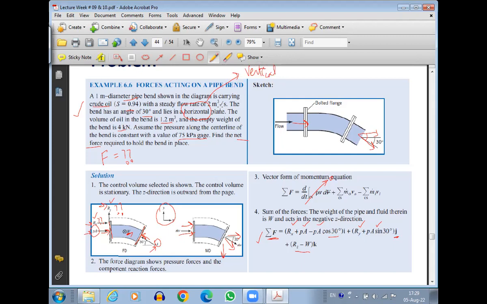Then what will happen? In that case, the weight will be added in the y direction, or you can say in the z direction. So you'll have just x and z. There will be no component in the y. This will be a very small change, but something good to check your understanding.